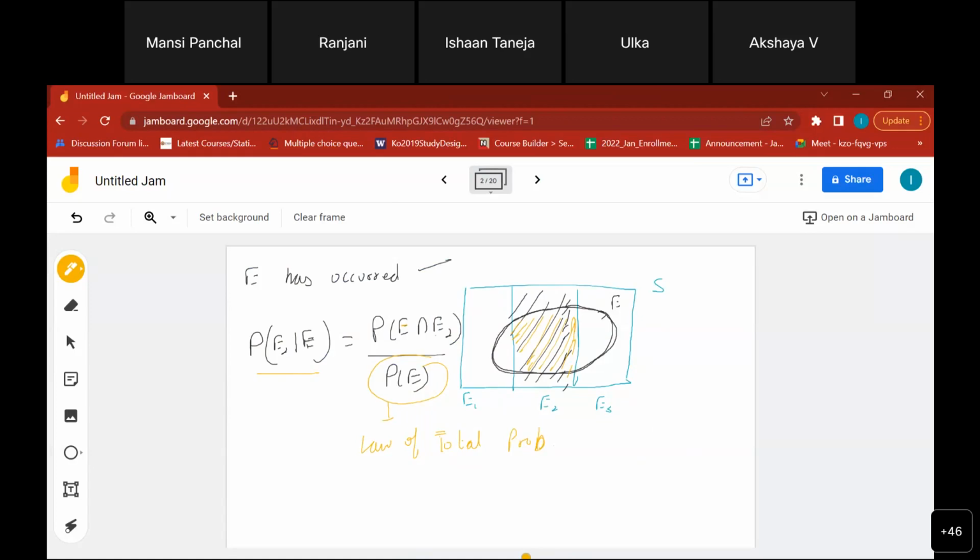Is this thing clear? We will go to examples to make it a bit more understandable. But you are getting the concept of the law of total probability and Bayes theorem till now, and the intuition behind it?